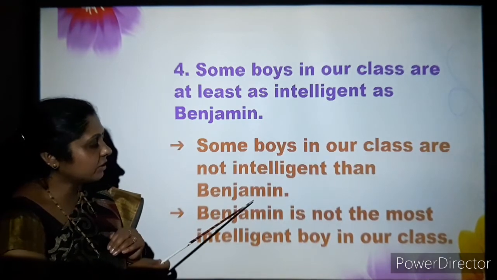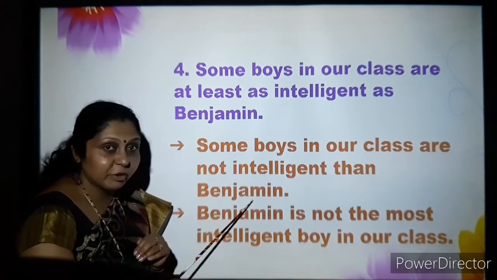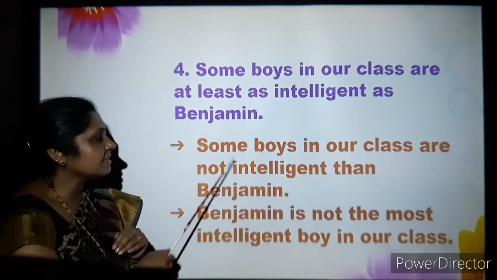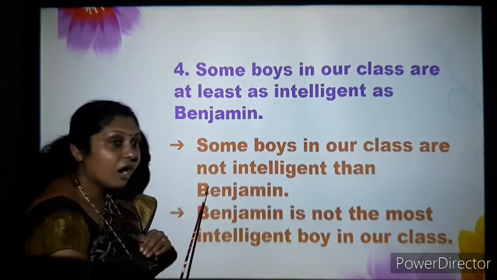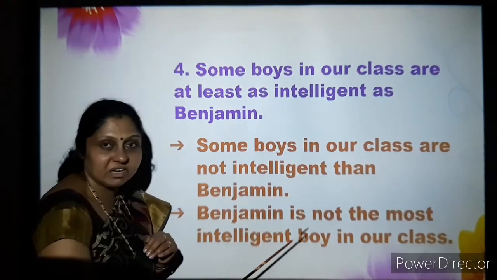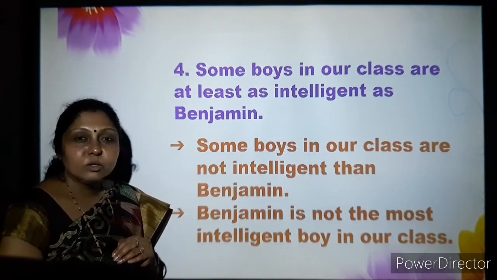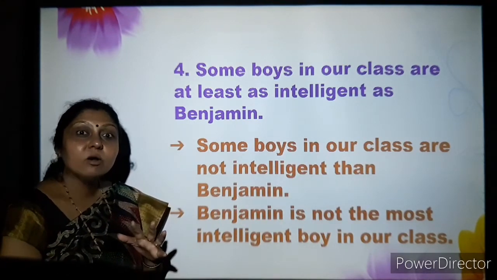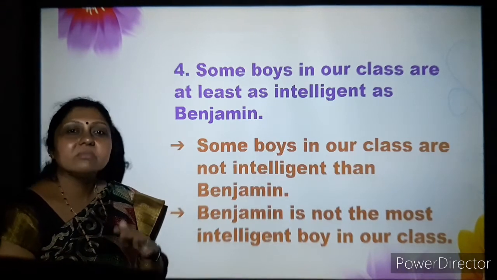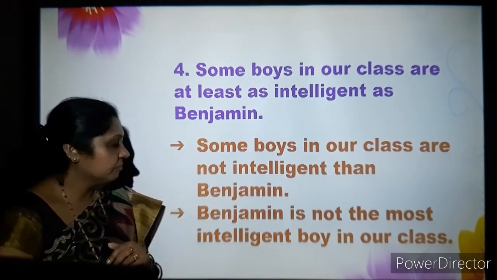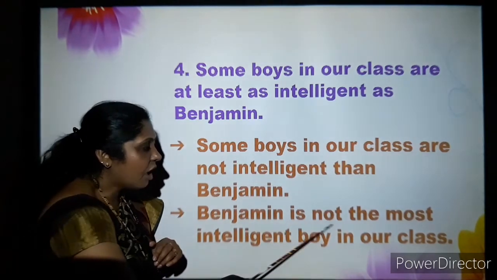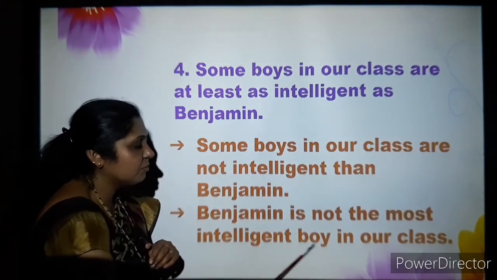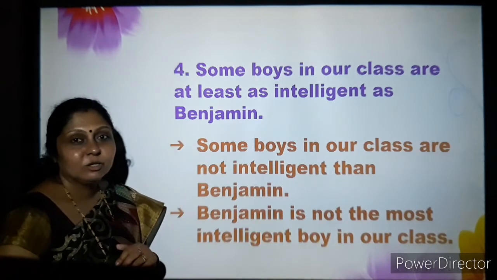When you are putting it into the comparative degree, what we are telling is, some boys in our class are not more intelligent than Benjamin. So there are not many boys who are more intelligent than him. They are almost equal to him. Last one, Benjamin is not the most intelligent boy in our class.